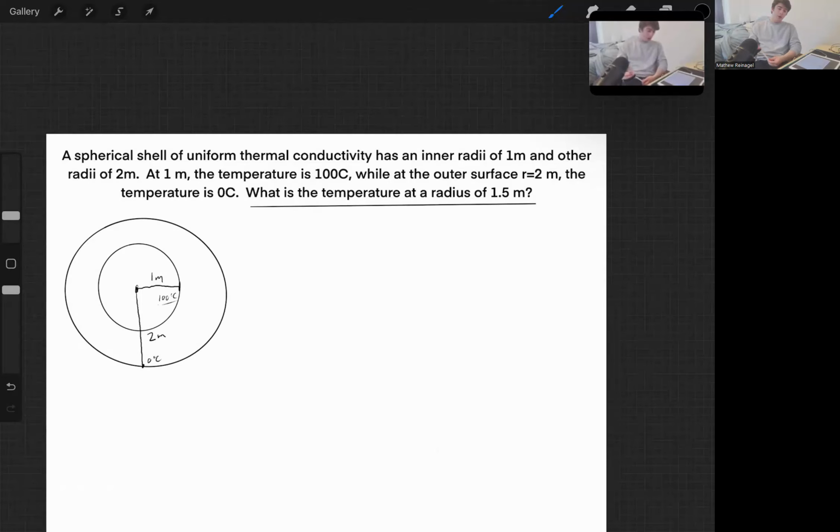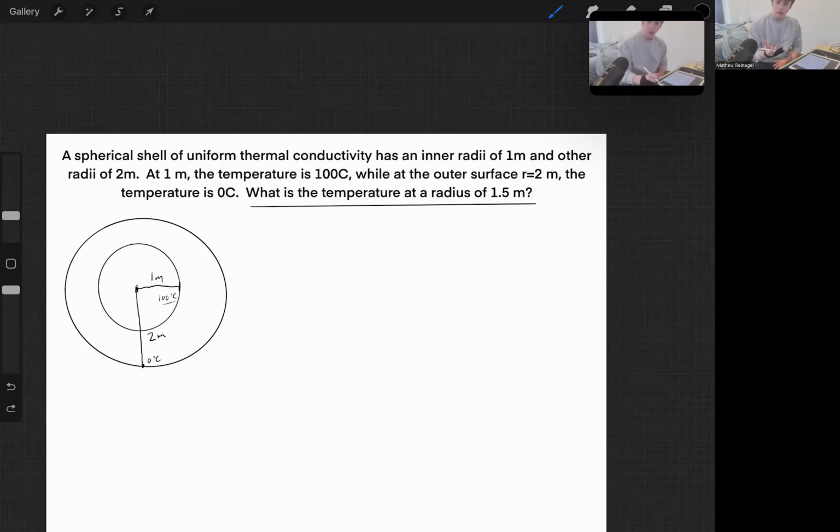Well, if we have our boundary conditions and we know the temperatures of our boundaries, we can do something pretty intuitive. We can solve with Fourier's law the heat and the energy between 1 meter and 2 meters, and then relate this energy to anything in between so that we may find any temperature between radius 1 and radius 2.